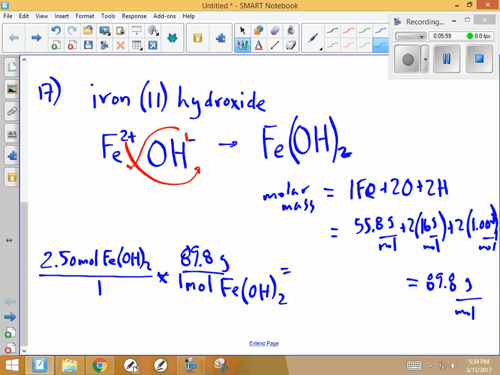Our answer to this question is going to be 2.5 times 89.8. Moles cancel, and we're left with 224. Let's keep those significant figures. I'm going to have 3 significant figures: 225 grams of iron hydroxide.